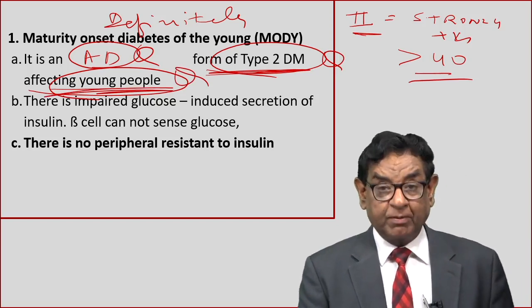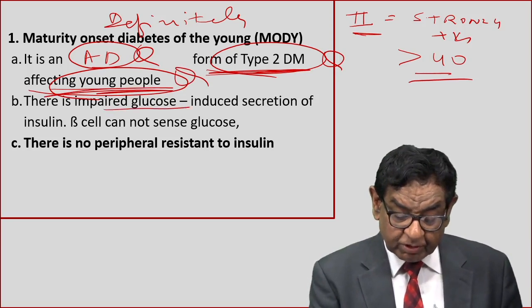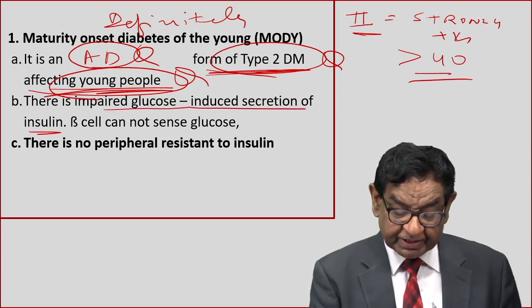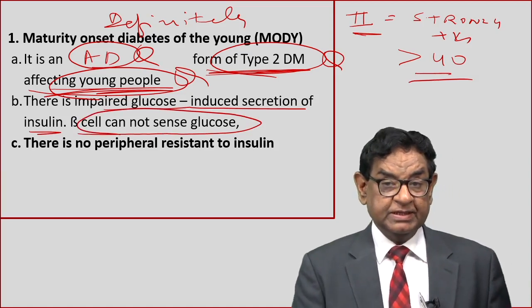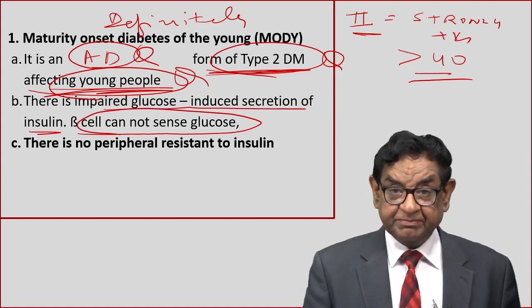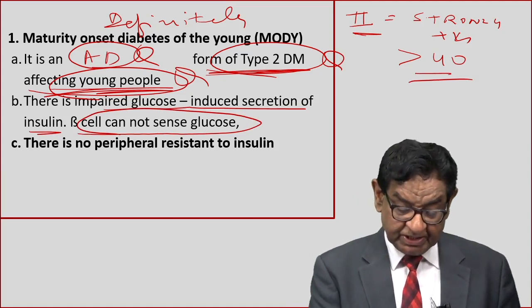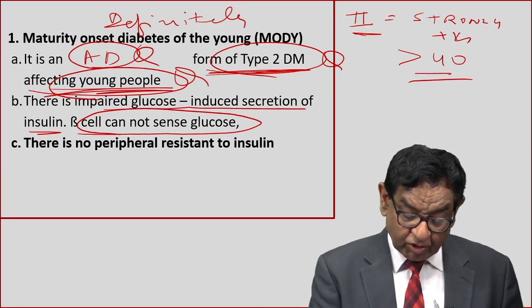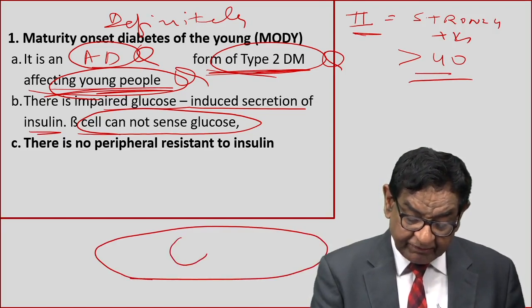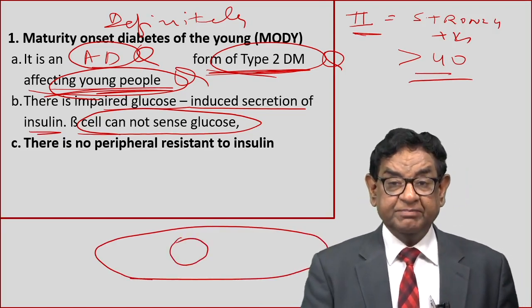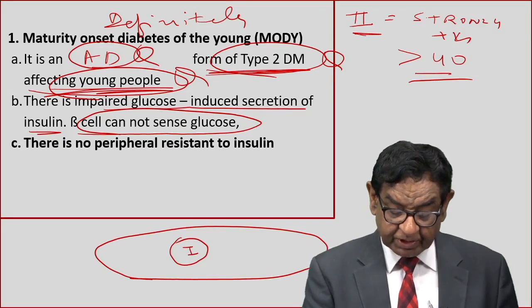Now what is the basic problem? There is an impaired glucose induced secretion of insulin. Beta cells are not able to sense glucose. This needs discussion. Let's learn the basic concept about this. This is the normal, let's say this is the pancreas, and here we have a beta cell, and the beta cell has insulin.